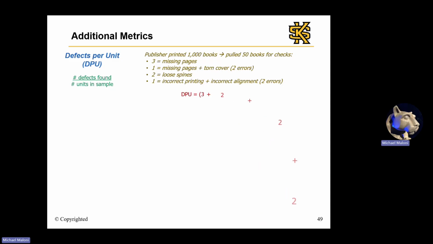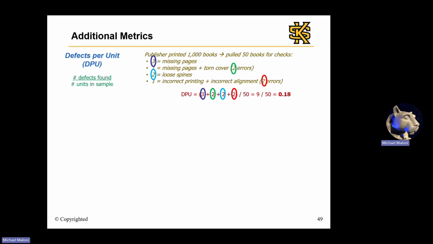So the DPU is calculated as 3 for the missing pages plus 2 for the errors with the missing pages and torn cover, plus 2 for the loose spines, plus 2 for the errors with incorrect printing and incorrect alignment. So 3 plus 2 plus 2 plus 2 is 9, divided by 50 is 0.18. There are 0.18 defects per unit on average.